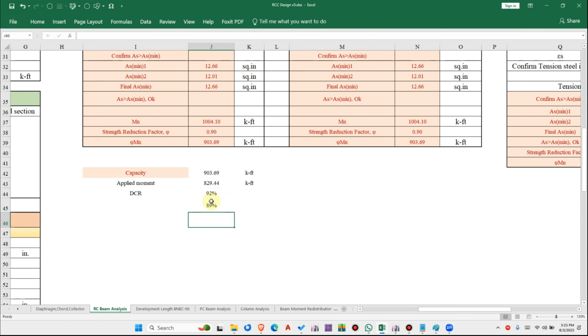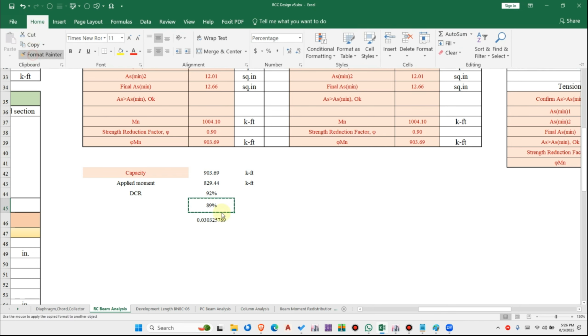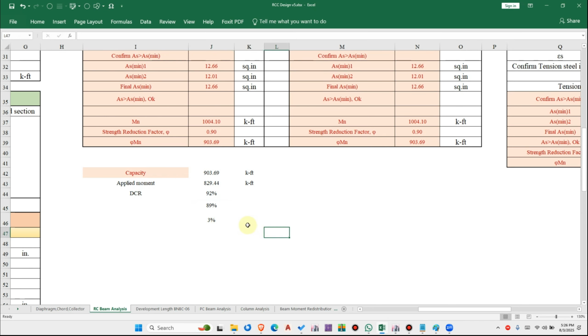What is the deviation, or what is the percentage of difference here? The difference is only 3%, which may be deemed acceptable.